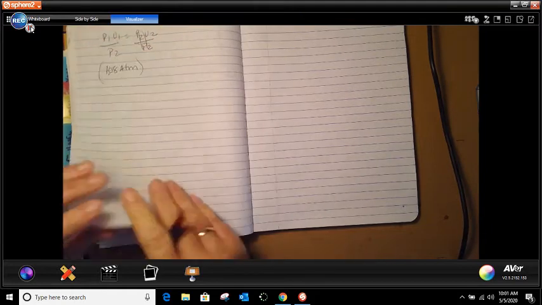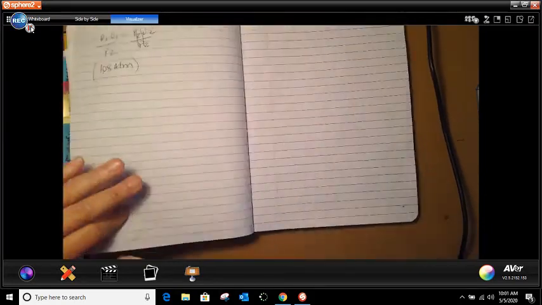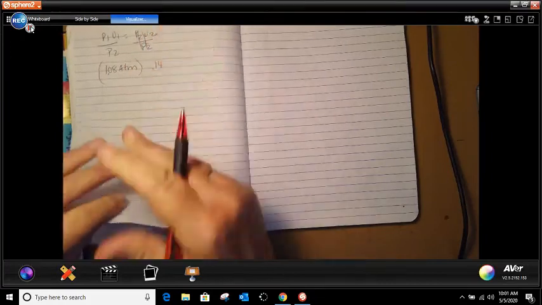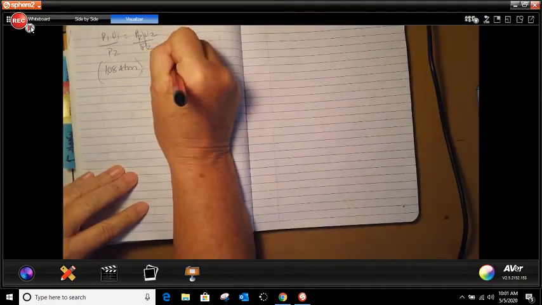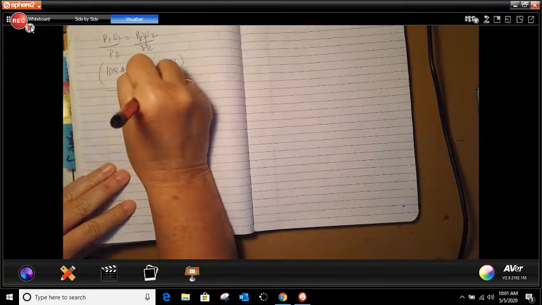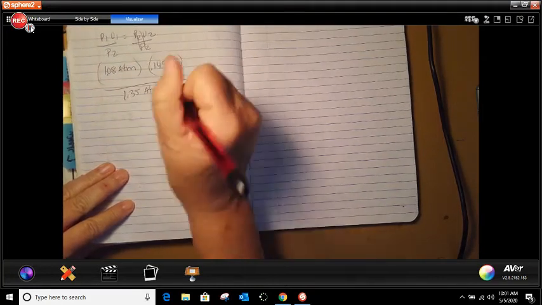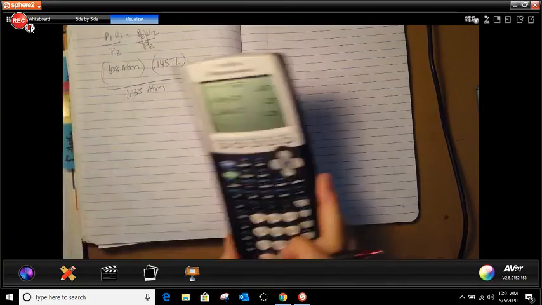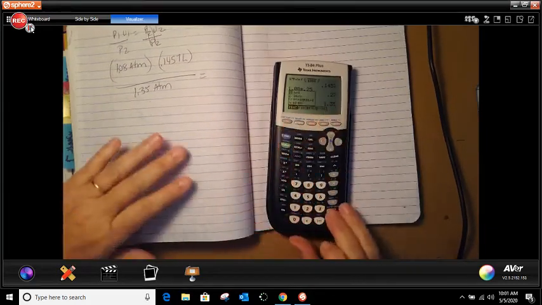I'm going to multiply that by my V1, which is 0.1457 liters. And I'm going to divide that by my pressure 2, which is 1.35 atm. So that's going to be alpha Y, enter.